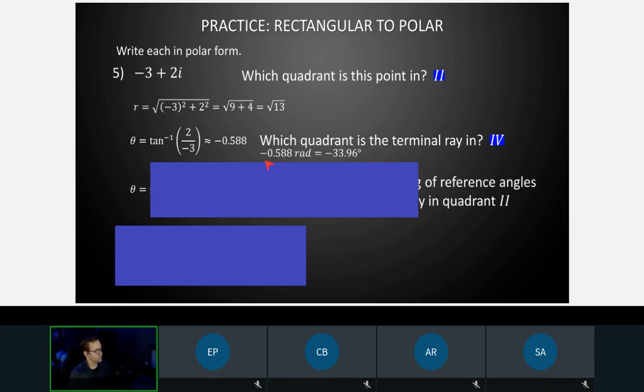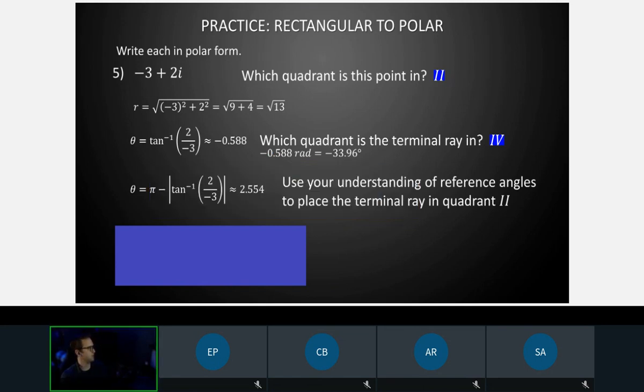So what should I do to this radian? Add pi to it. Yep. You take this answer and add pi, and then we would be in quadrant 2, and that would be the answer.